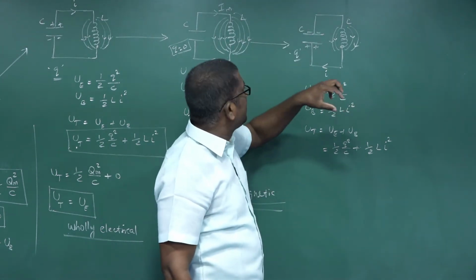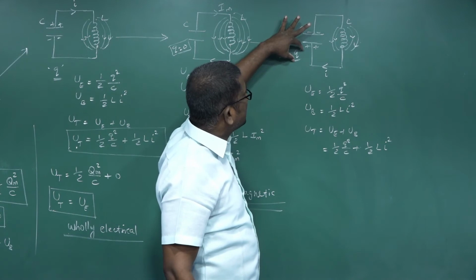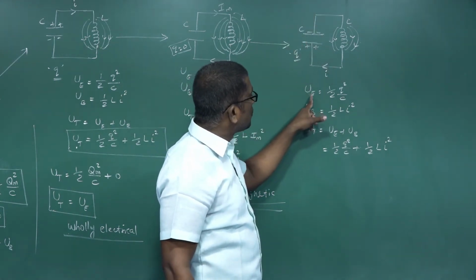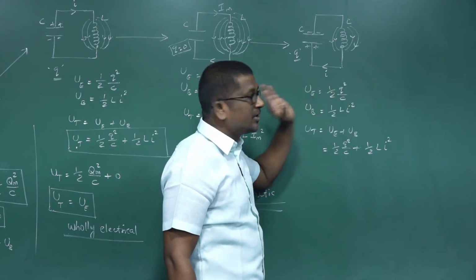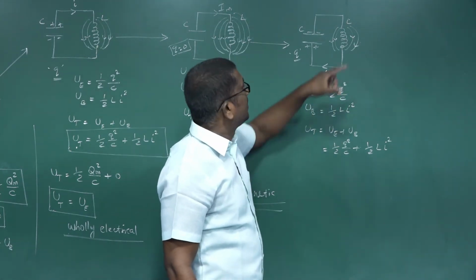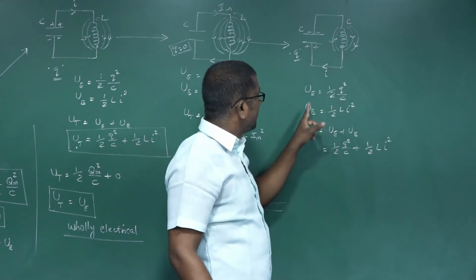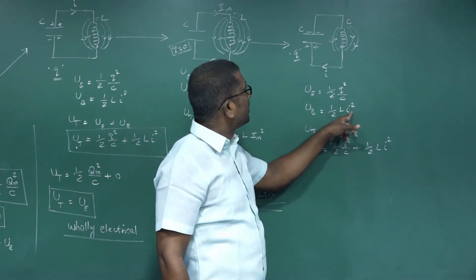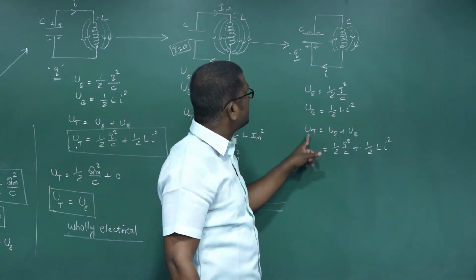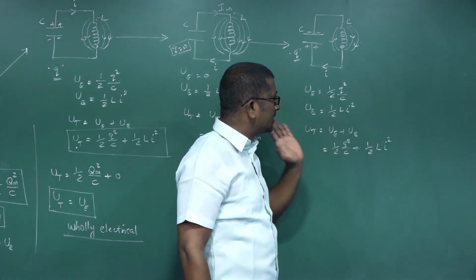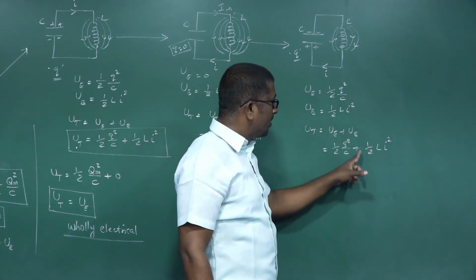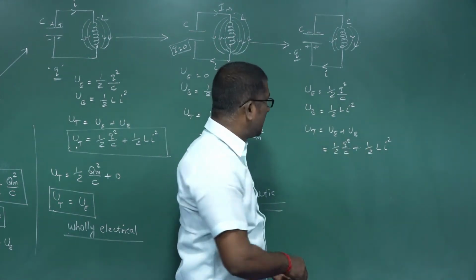At a particular instant, the charge in the capacitor is Q, so the energy in the capacitor is UE = (1/2) Q squared divided by C. At the same instant, the energy in the inductor is UB = (1/2) L I squared. The total energy of the system is (1/2) Q squared divided by C plus (1/2) L I squared.